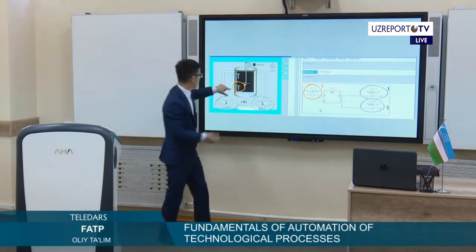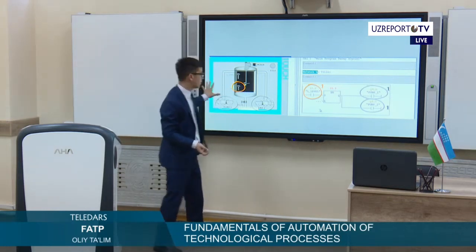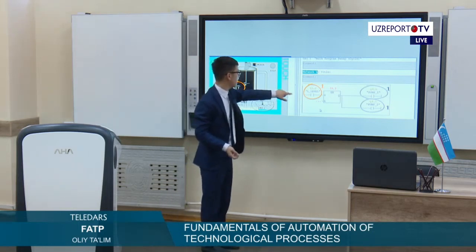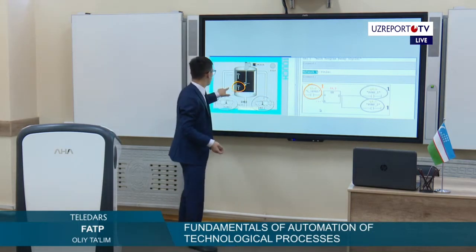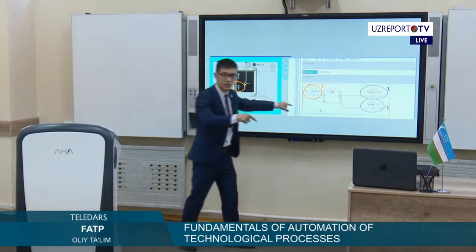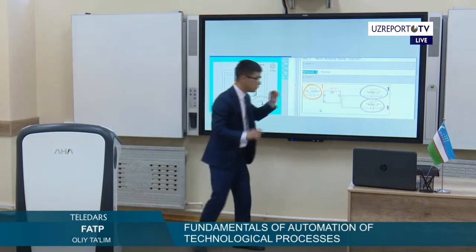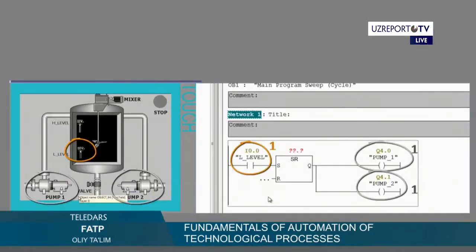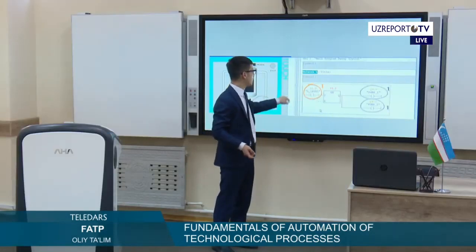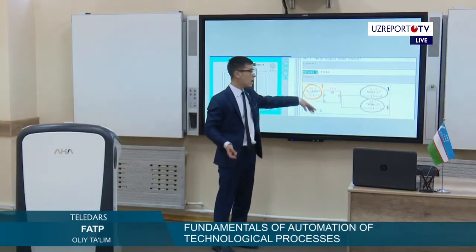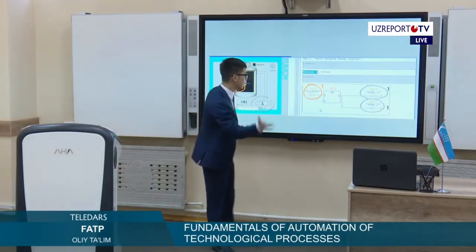How does it happen? Here in the left side, I give you the technology process. In the right side, how it will be in the program. First, we put the level sensor incoming connection, and then blocks to set and reset. This block is for setting and resetting. When the set S has a signal, then the process starts. When R has a signal, it will reset, stopping the process.